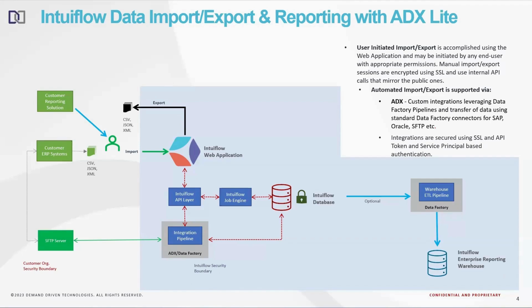The data is pulled from the ERP, transformed, and loaded onto this SFTP on a schedule that is communicated to us. Then Wayne and Ajay will set up jobs to pull that on that schedule and load it into Intuiflow. And then on a schedule set by the client, we'll pull it back and send it to that SFTP for them to load into the ERP. Sometimes we see defense contract type people like this option because we're not actually touching the data.